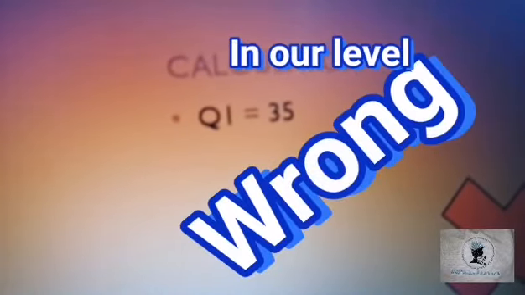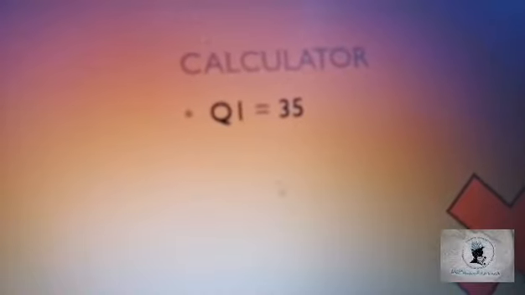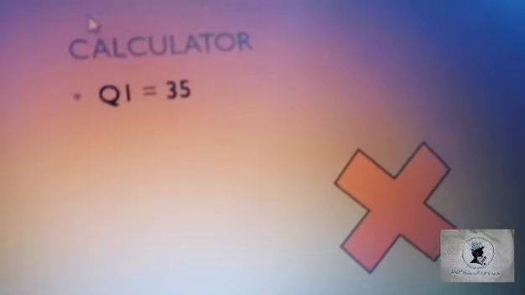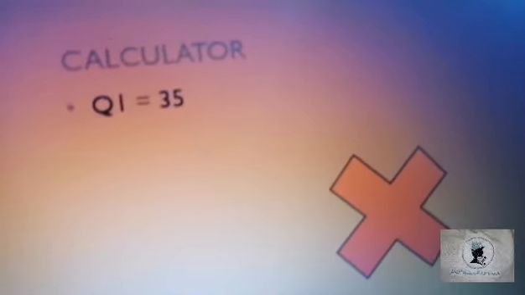So that is why I advise you guys to not use a calculator when determining your quartiles. Remember, do not use a calculator when you are determining your Q1 and Q3.